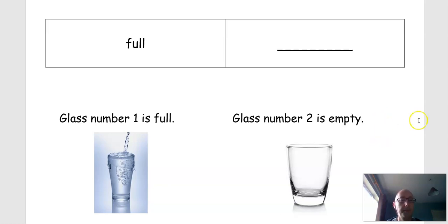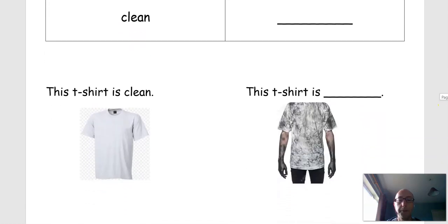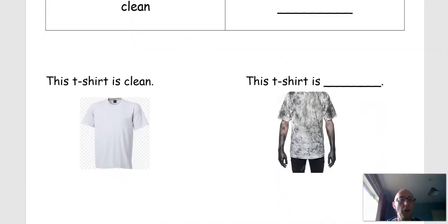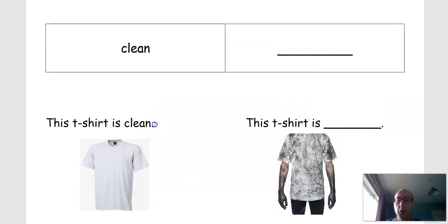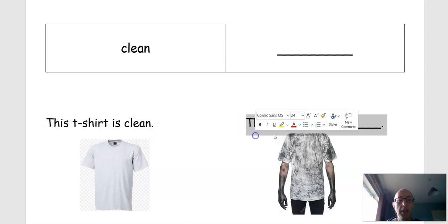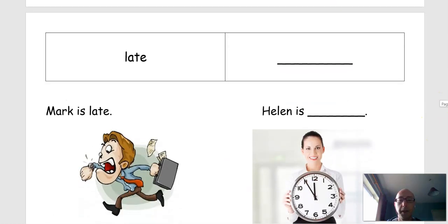Empty. Empty, exactly. So we have clean, and what's the opposite of clean? This t-shirt is clean. This t-shirt is, what's the opposite? Dirty. Exactly.